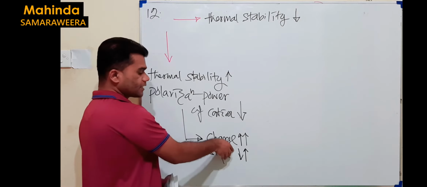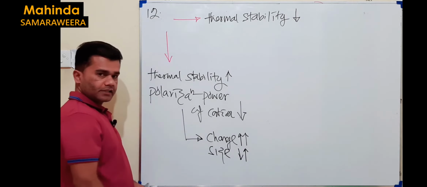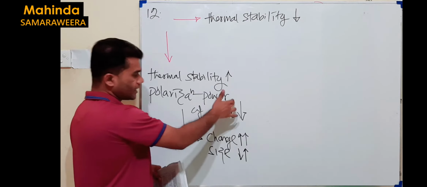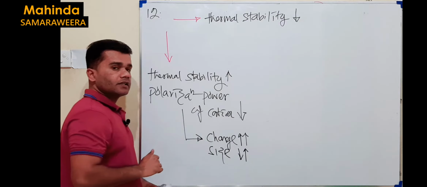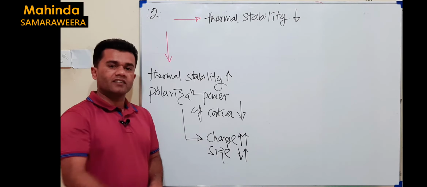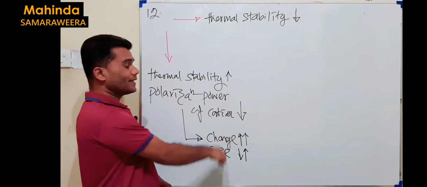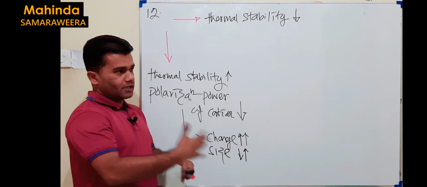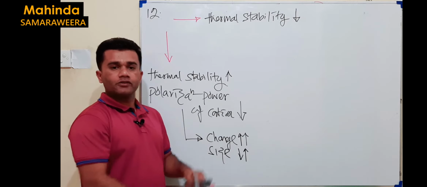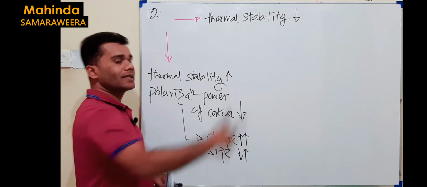When size increases, polarization power of cation decreases. When polarization power of cation decreases, thermal stability increases because the ability to deform the electron cloud of the anion decreases. Then the bond is not easily broken down in the anion. Therefore, it doesn't undergo decomposition easily. That means thermal stability increases.